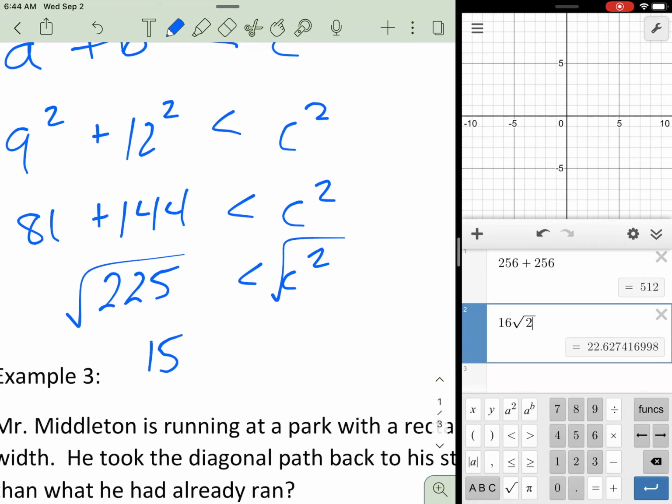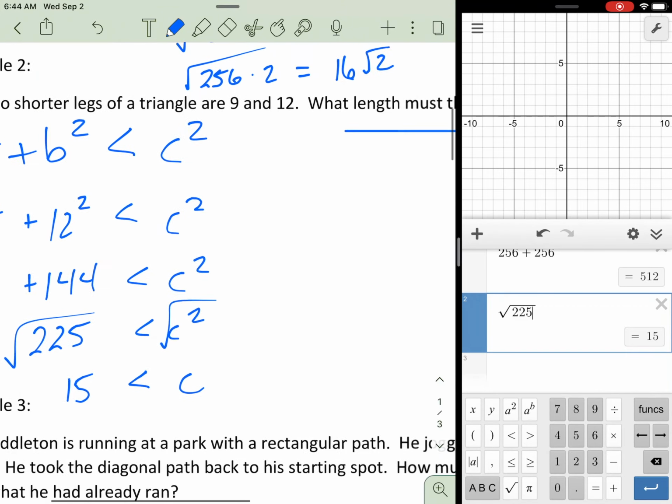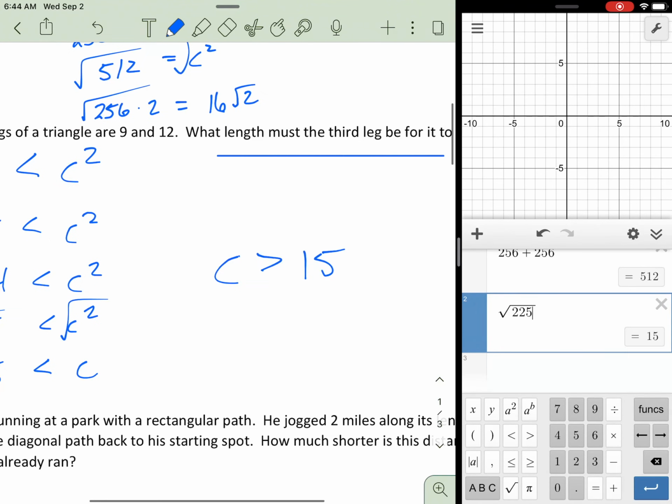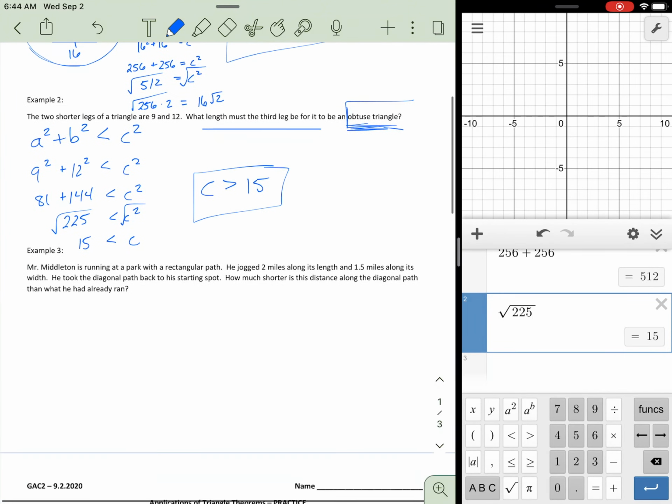If you're not sure, hopefully at this point you know it, but take the square root of 225, 15 is less than c. What does that mean? That means that your hypotenuse, or the third leg, c, has to be greater than 15.